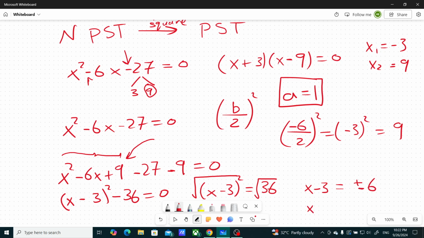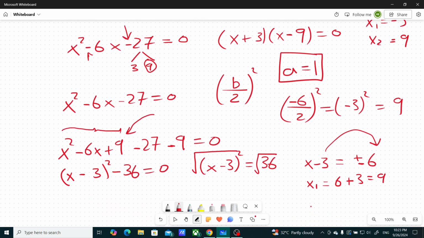So my x1 is going to be positive 6, and when I move the 3 to the other side, it's going to be plus 3, which is equal to 9. And my second x is going to be minus 6, and when I move the 3 to the other side, it's going to be plus 3, so it's going to give me minus 3.